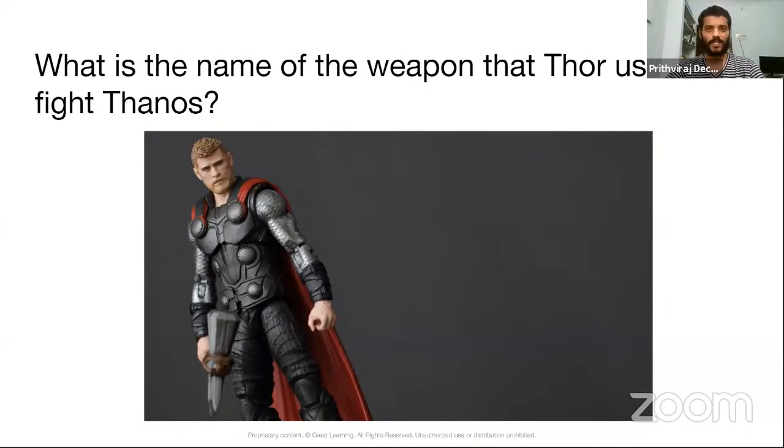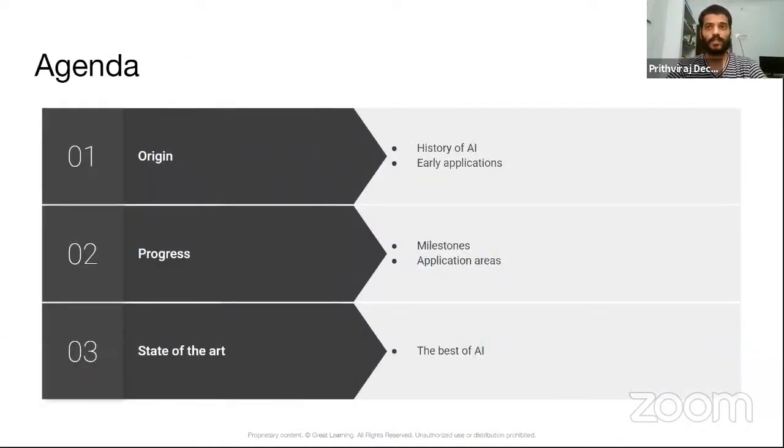Anyway, the overall agenda that we have for this session is we'll cover three main ideas: the origin of AI, a little bit of history of it, and the early applications that we did with AI; the progress that AI has made as a technology and the few specific milestones it had, and a few of the very key application areas that we currently use in most business cases; and also the state of the art technology of AI, that is the most advanced thing that we've been able to achieve using AI.